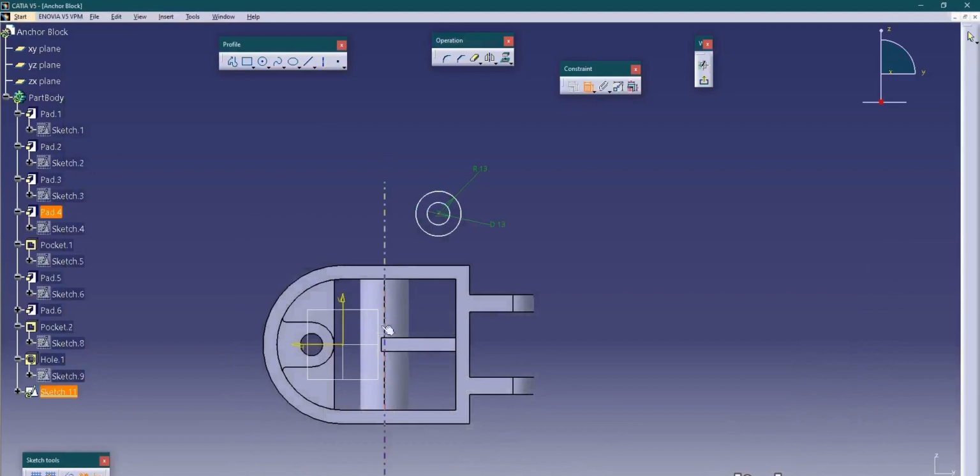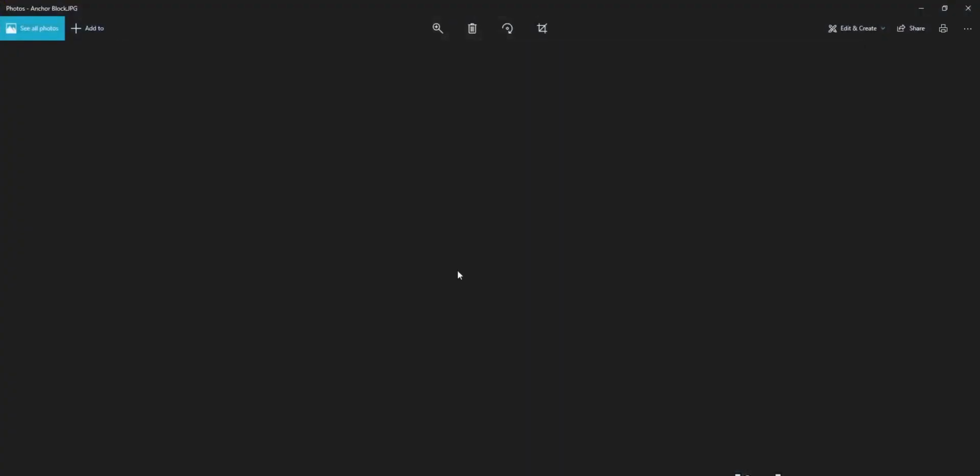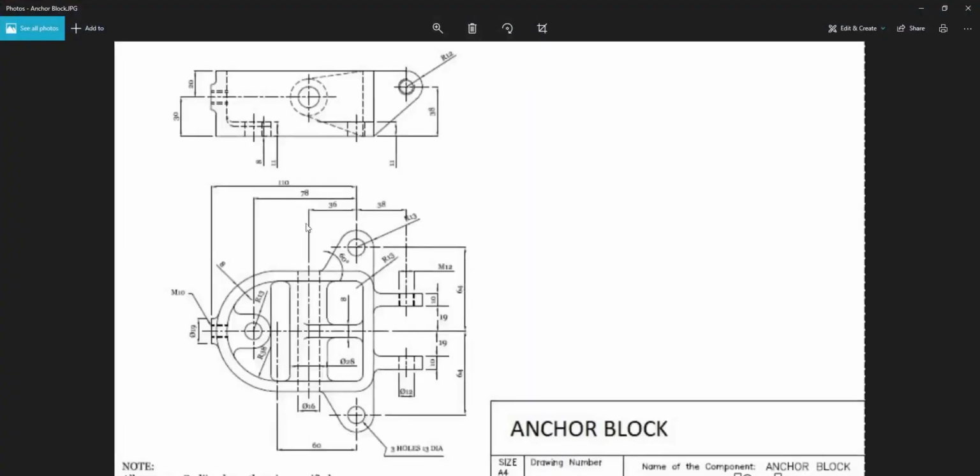This distance is 64 given here, and this angle is 60.